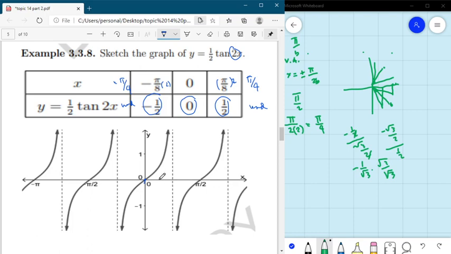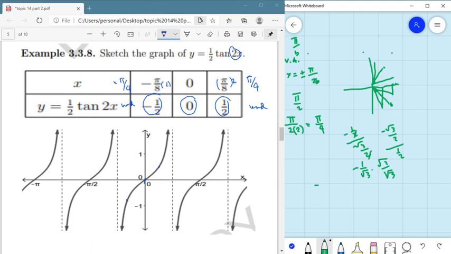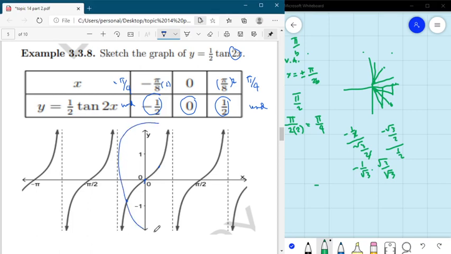The values are negative 1/2, positive 1/2, and negative 1/2. Okay? So for this part, this is one period, and in your table you only need this part. Okay? Sige.